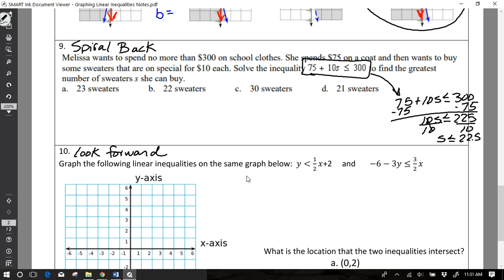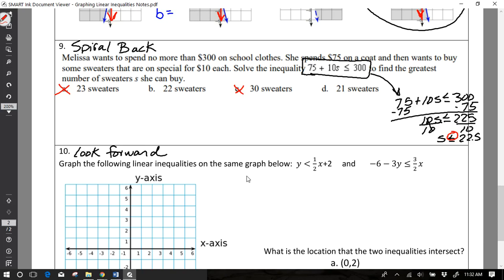Okay, so 22.5 is not an option, so give me a number less than 22.5, okay? Well, 23 is too big, and 30 is also too big.